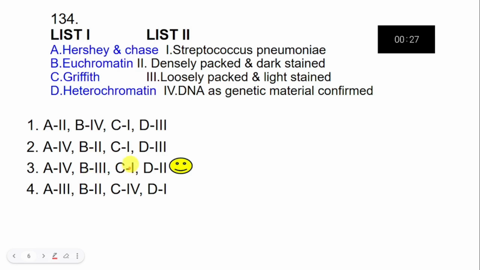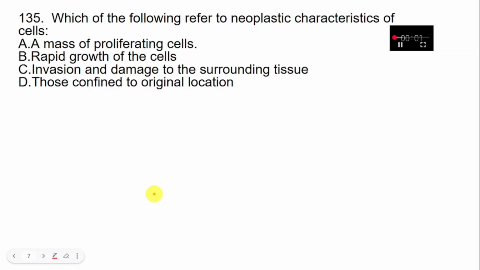C is 1. Griffith worked with Streptococcus pneumoniae. These have a capsule around them, so they form smooth colonies. Virulent forms smooth colonies, and it led to death of mice. And heterochromatin is densely packed, dark stained.